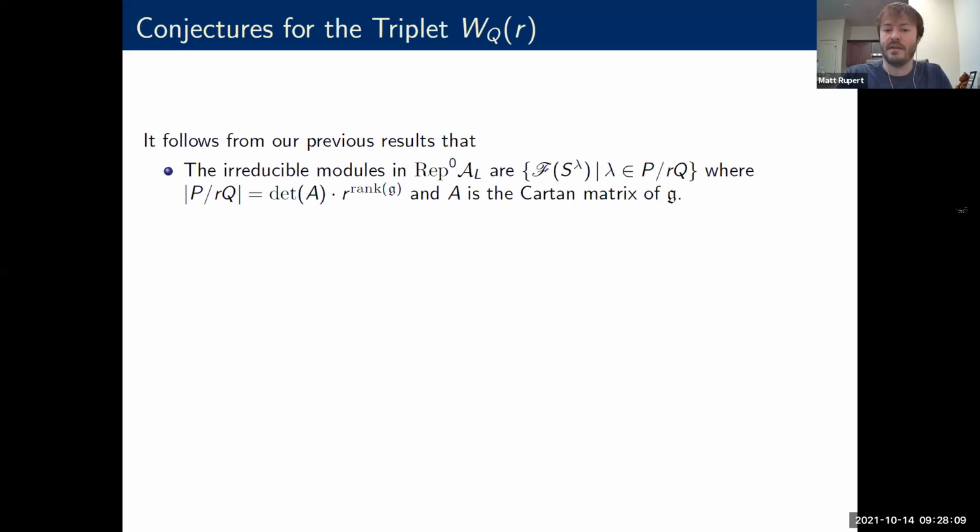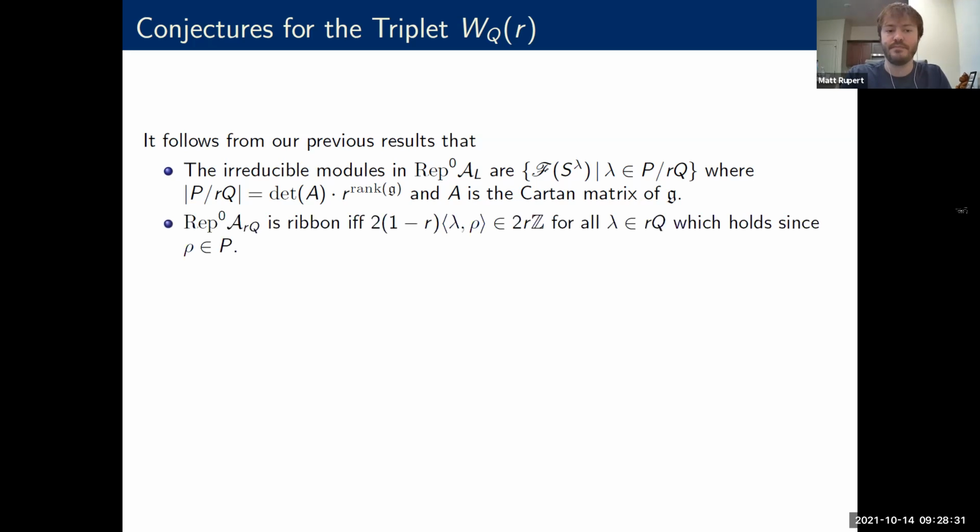And you can show that this quotient has det A times r to the rank of G elements, where A is the Cartan matrix of G. So this gives us a prediction for the number of isomorphism classes of simple modules for the triplet in higher rank.